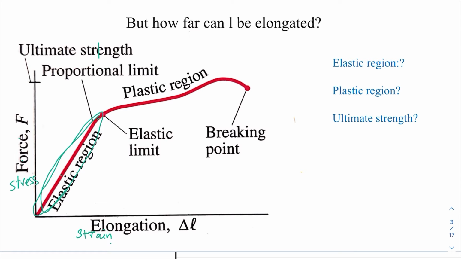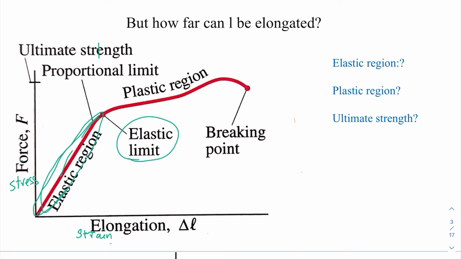But when the force is removed, the material can get back to its previous shape and size. So this linear region means the elastic region, but it has an elastic limit.